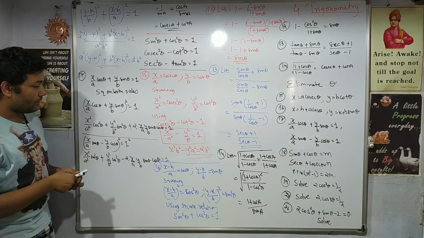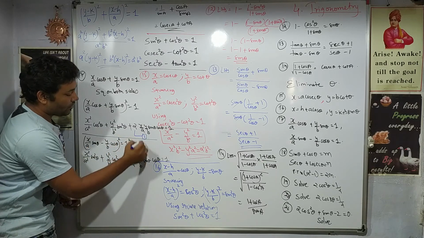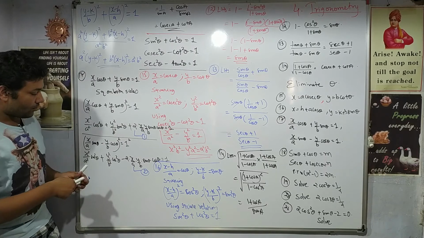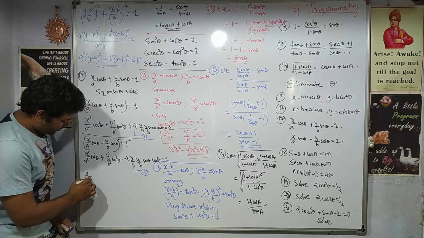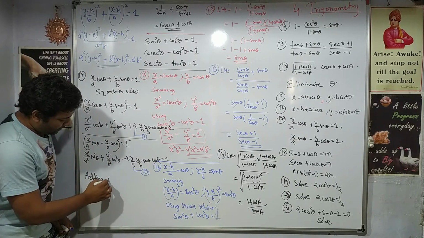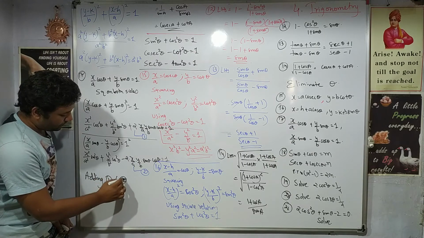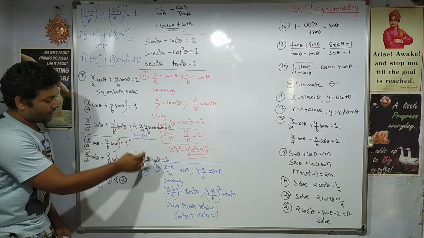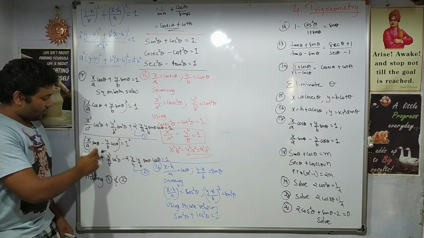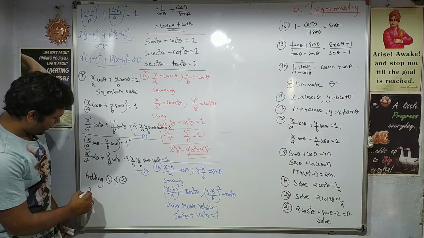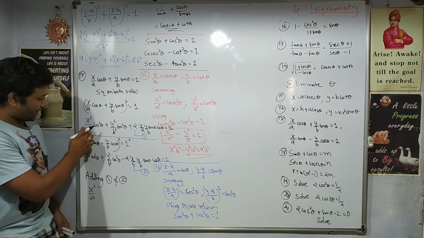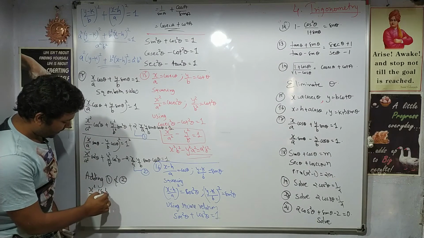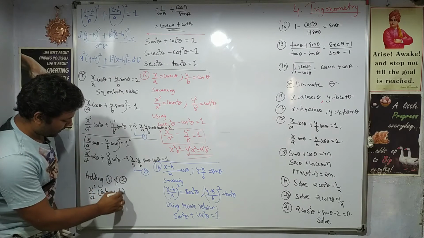So the next step we'll do is, let us say this is equation 1 and this is equation 2. So we can write down in our solution, adding 1 and 2. Obviously these terms get cancelled, so remaining are these terms. So it will be x square by a square, this will be common, and we can write sin square theta plus cos square theta.